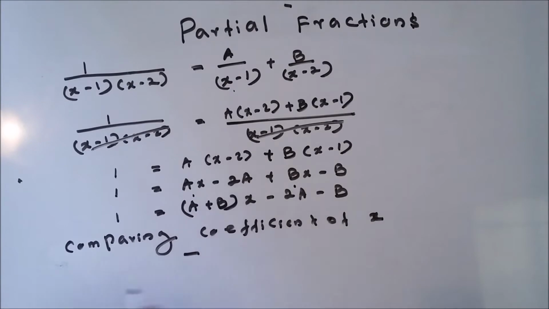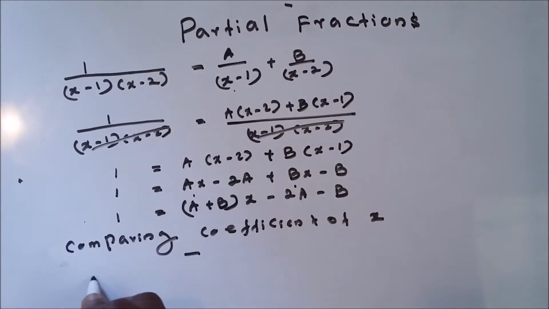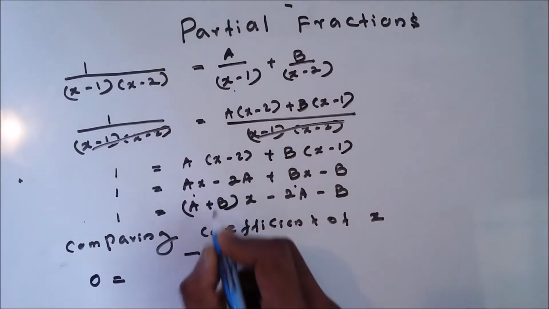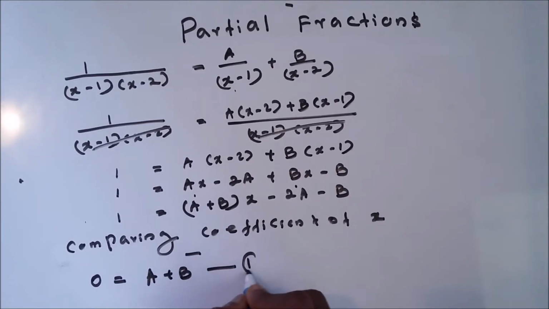This side does not have x, so the coefficient of x is 0. 0 equals, on this side, A plus B. This is our first equation.